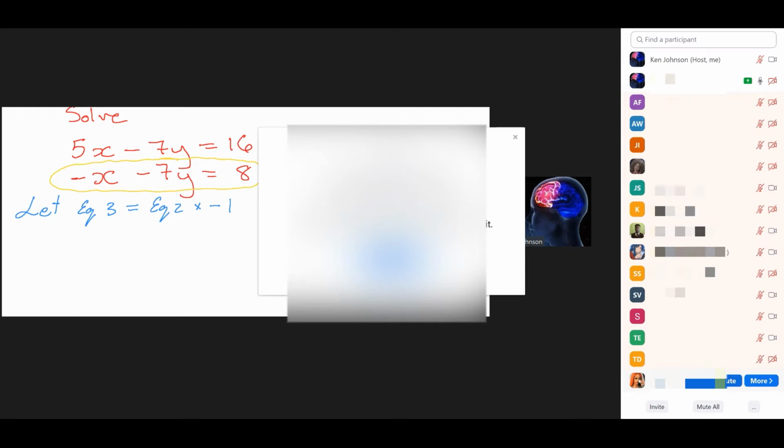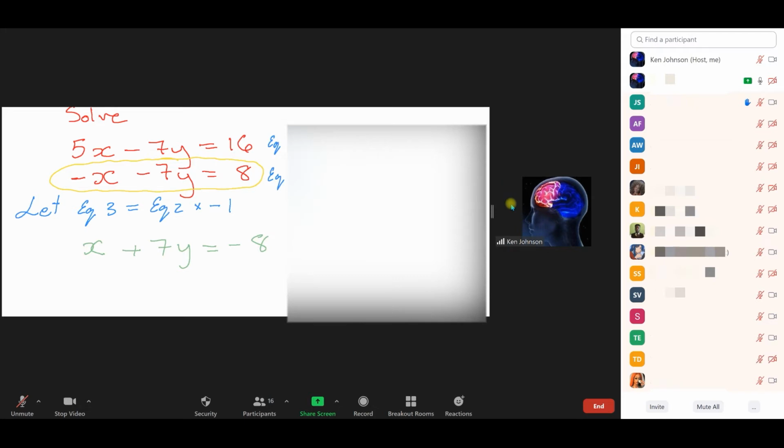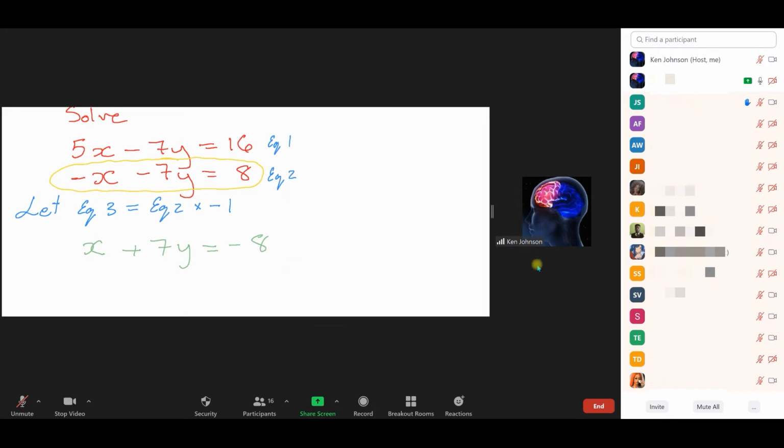So when I multiply all of it by negative 1, I'm going to get x plus 7y equals negative 8, right? When I multiply equation 2 by negative 1, I get this, my equation 3.